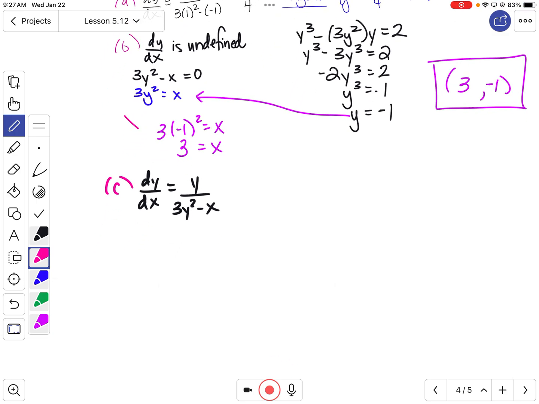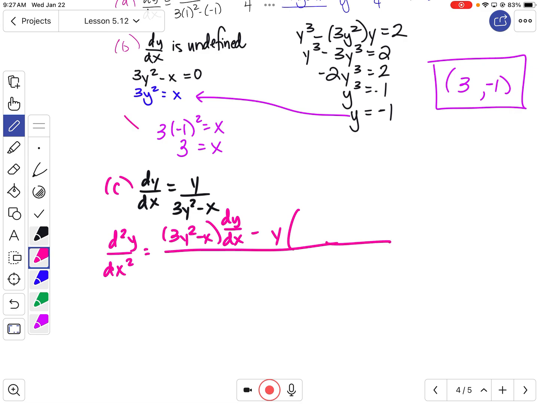So anytime you do a derivative of y, you got to put that dy dx next to it. So d squared y over dx squared: ho d hi minus hi d ho, over ho ho.